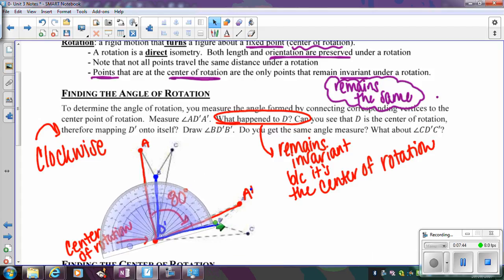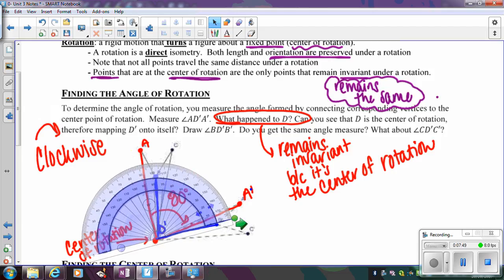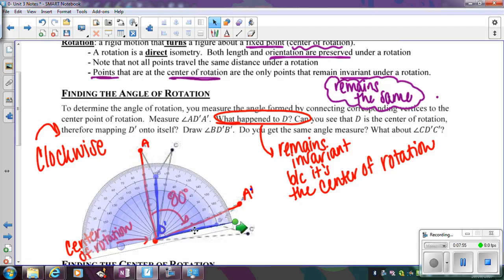So I'm going to take, and remember, your protractor, you can't shrink and expand. So what you're going to do is just extend that line out so that when you're on the bottom edge here, you can make sure that line's lined up. And then over here, you might not be able to see through your protractor, so you might not be able to see that line. So what you can always do is just extend your segments out so that you can see the little hash marks on here.